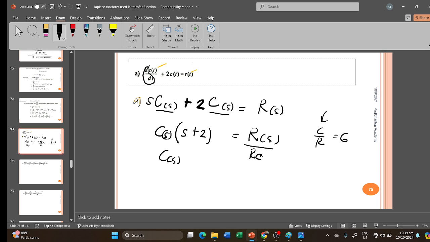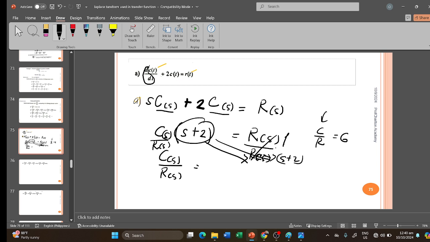R(s) over R(s) becomes 1, and then we have to cross multiply, so here we have to divide also R over S. So C(s) over R(s) equals 1, then this thing here will go here, S plus 2. Okay, so 1 over S plus 2. So that is the answer.